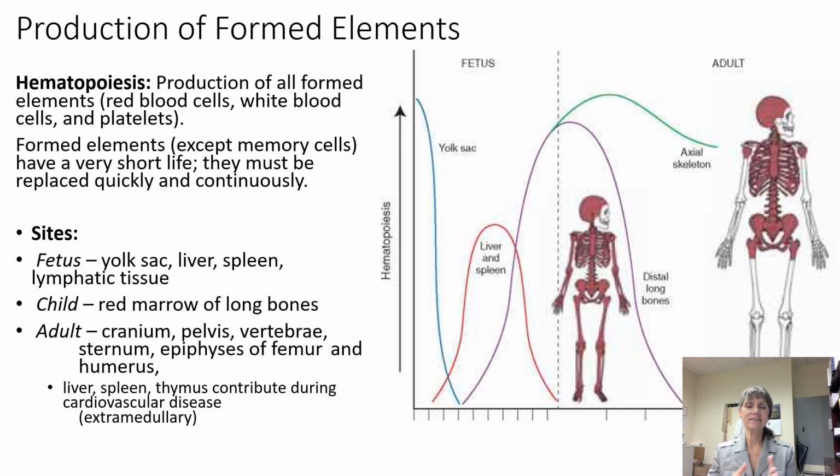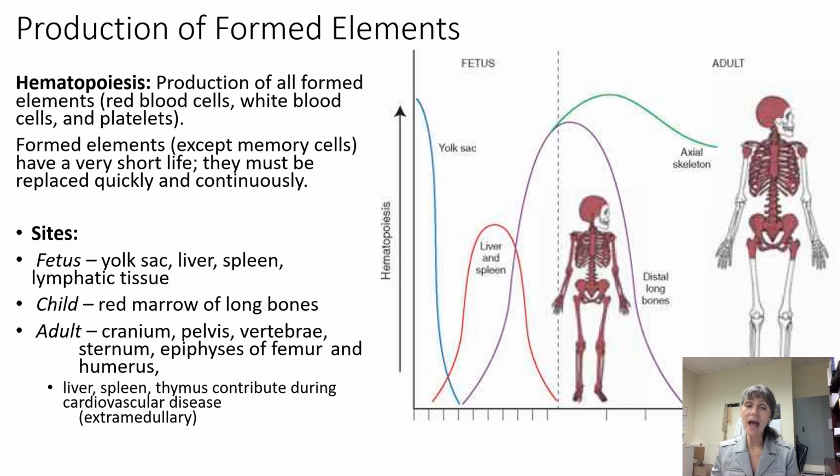And then as that individual grows into a child, the job of hematopoiesis is taken over by the long bones, where there's a lot of red bone marrow. And then as the individual ages, remember that the ratio of fat to red marrow in long bones changes, and in adults there's more yellow marrow than red marrow in terms of the ratio found within the long bones.